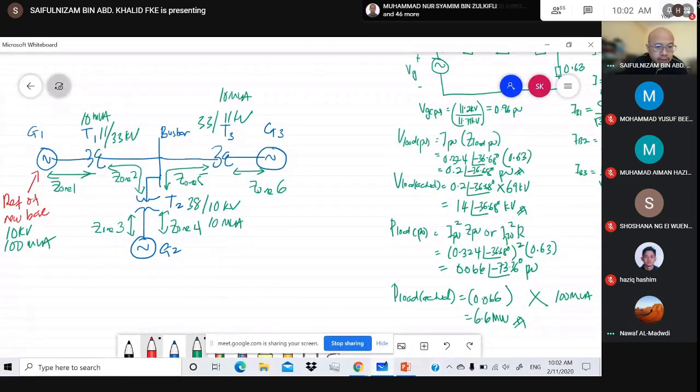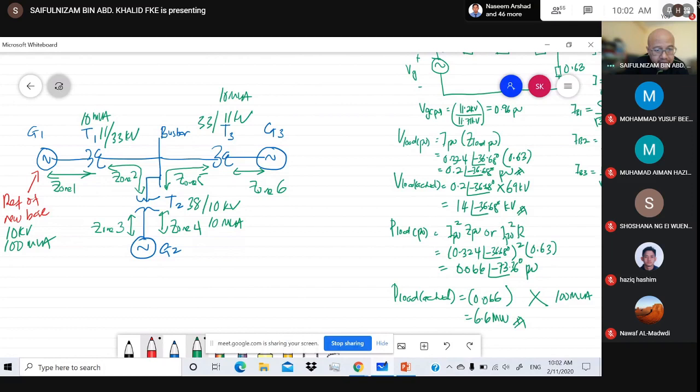Okay. So now you can divide the section into 6. From the generator 1 to the primary of the transformer T1, so there's zone 1, this is zone 2. It depends, it can be secondary or primary. I prefer to choose LV and HV.